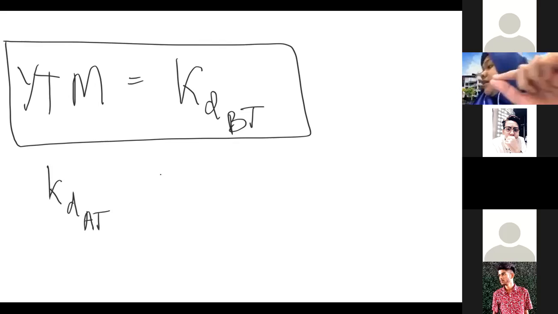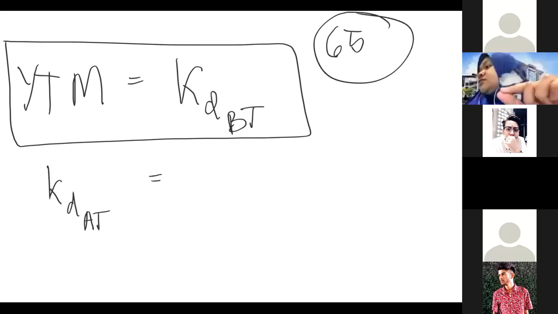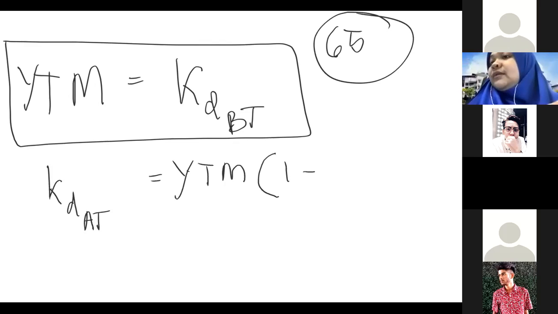So that's why in your book, in page 65, it shows you cost of debt is equal to YTM times 1 minus tax.